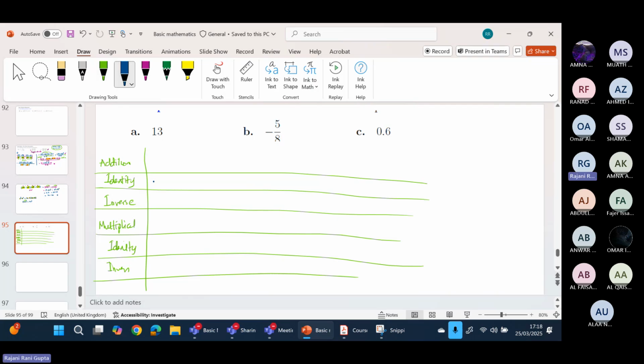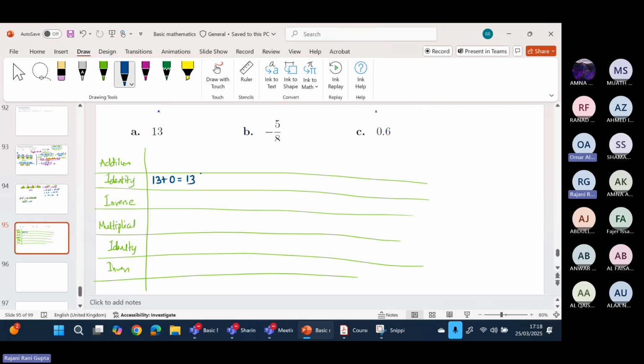For 13, what is the additive identity? Means what you add to 13 so that you get 13? 0. So identity is 0. Inverse for addition, -13.